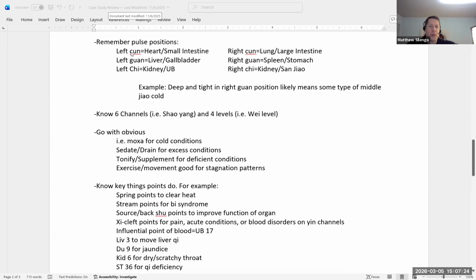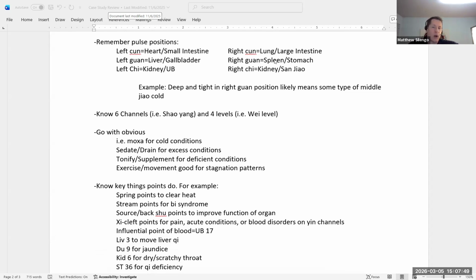Make sure you review your pulse locations. It's one more thing you have to remember, but it's actually really helpful if they give this to you on the exam, and sometimes they do. Sometimes instead of just telling you that the pulse is wiry or weak, they'll specify a certain position. So they'll tell you, for example, the right guan position is weak.